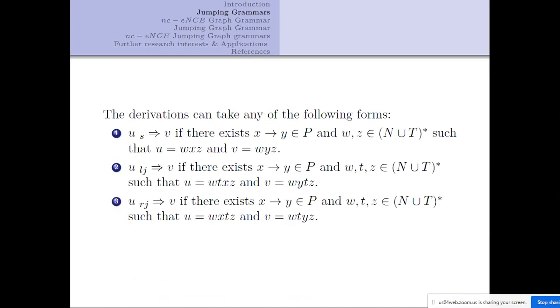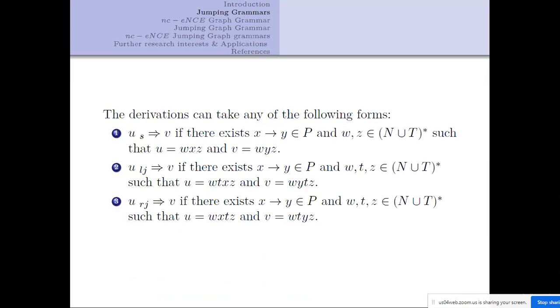So the derivations of strings can take place in three fashions. One is a normal conversion, where you convert a U to a V using some rule P, that is, using a production rule X goes to Y. So if you have a string U of the form W X Z, then after applying P, it will get converted to V of the form W Y Z, X getting converted to Y. When it comes to jumping grammars, you can have two kinds of jumping, left jumping and right jumping.